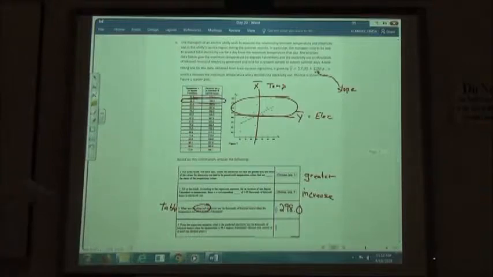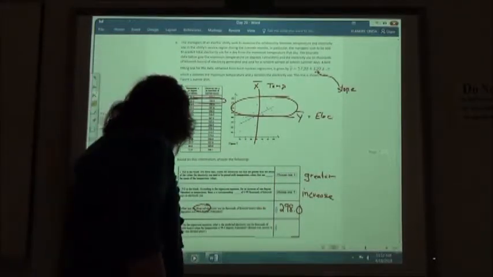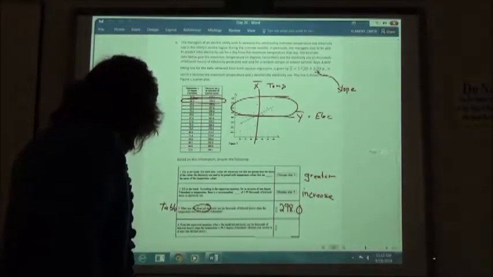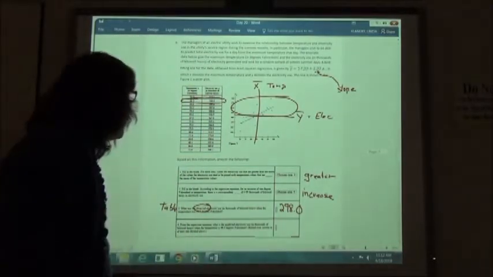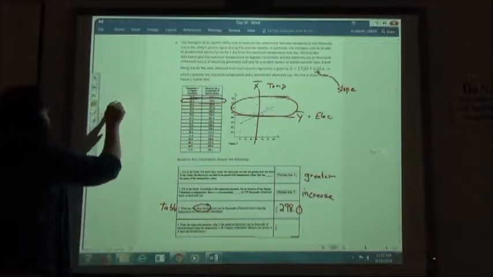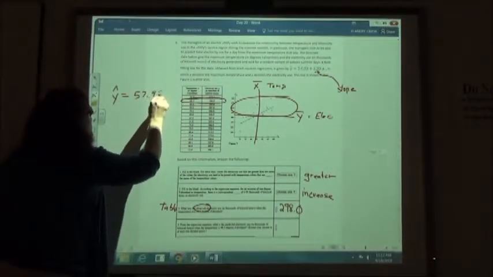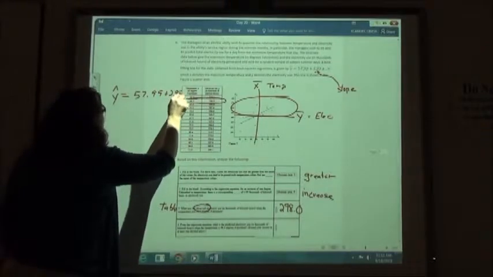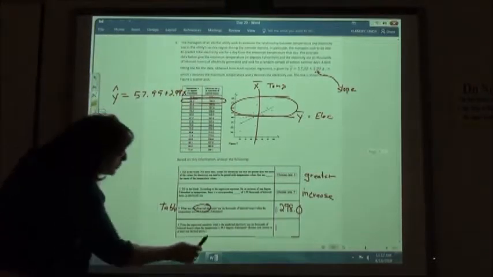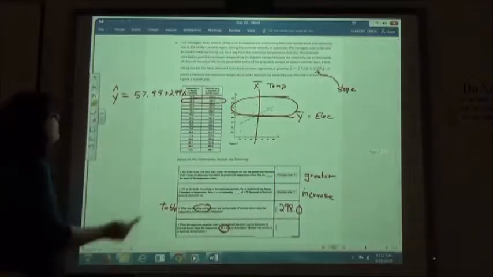And then the fourth question there: from my regression equation, what is the predicted electricity use in thousands of kilowatt hours when the temperature is 98.3? So now they're going to have us use the equation. Y hat equals 57.99 plus 2.99x. I'm going to substitute in 98.3 for my x.